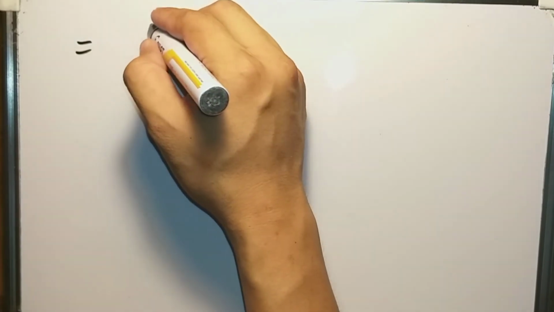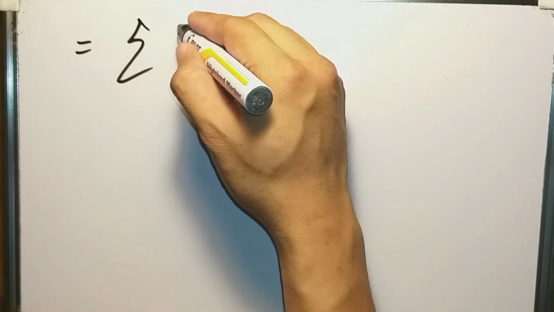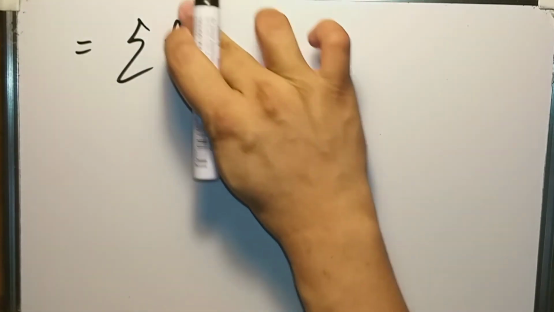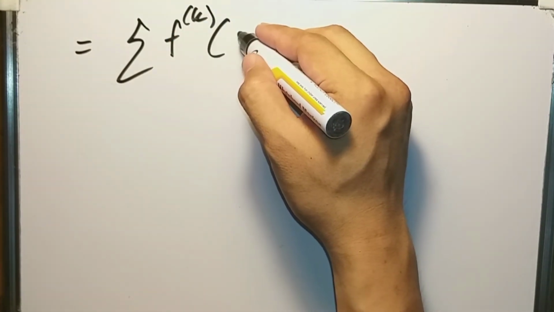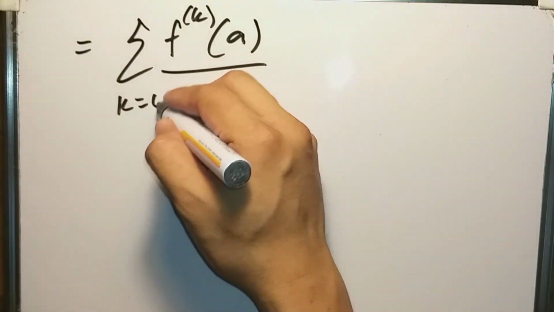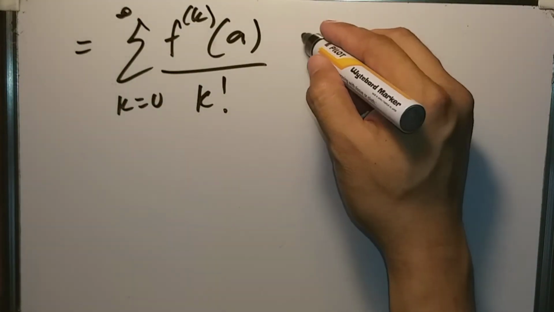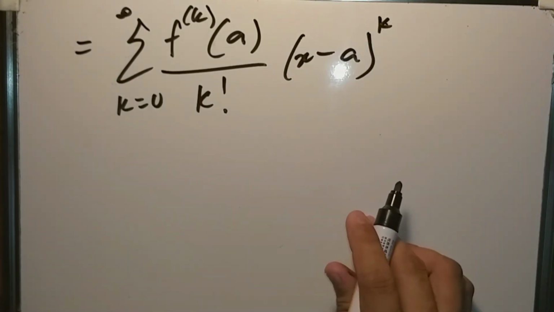I'll write it again, the Taylor expansion. So we have this, summation of 1 over k factorial, 0 to infinity, x minus a raised to k.